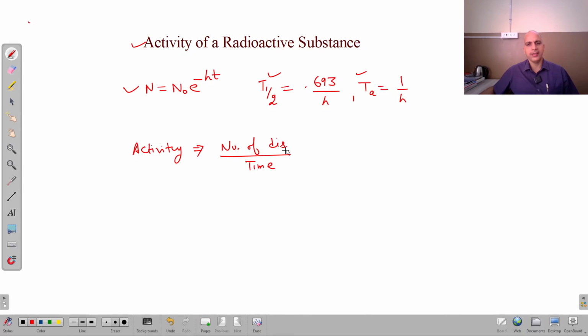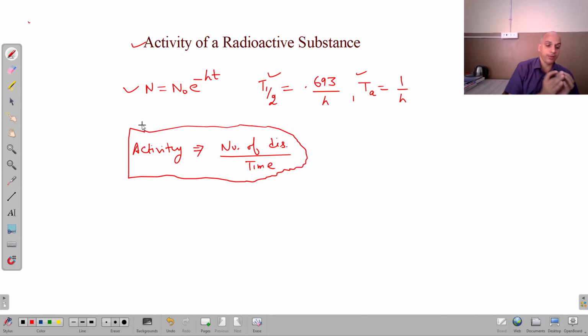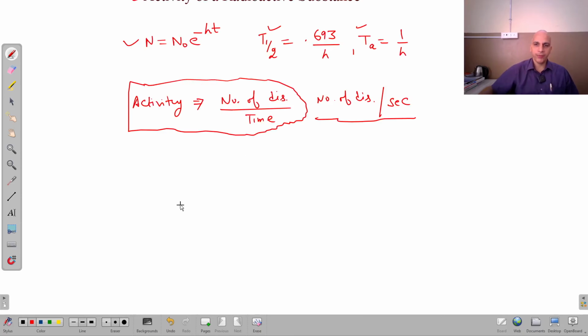How many disintegrations are taking place per unit time? Rate of disintegration is basically what we are looking at. If we take the time as seconds, then it is the number of disintegrations per second. This is how we define the activity. More disintegrations per unit time means the material is more active.